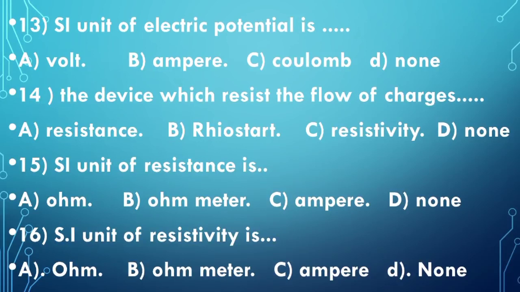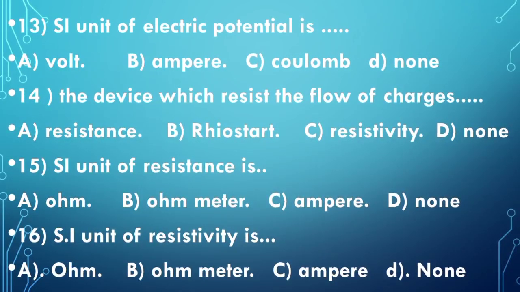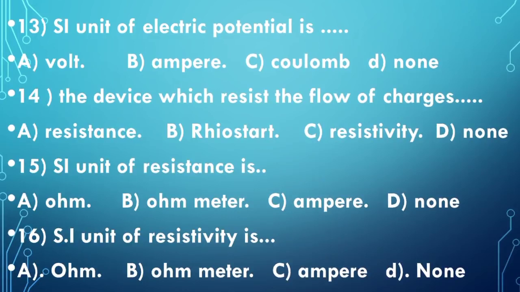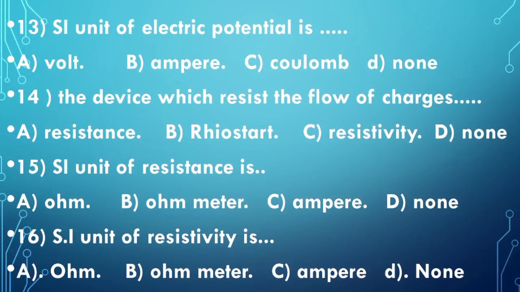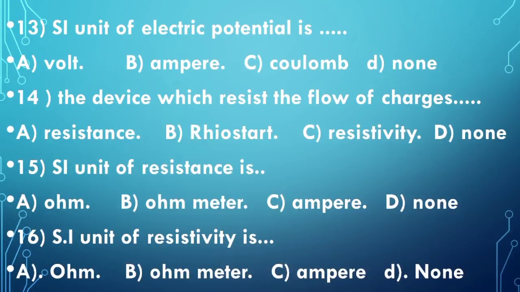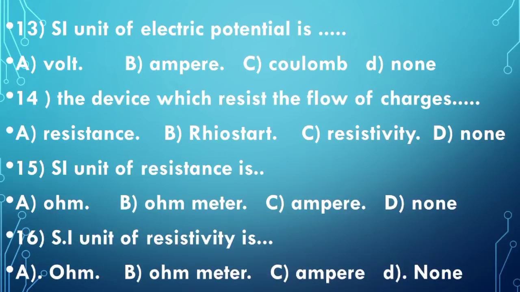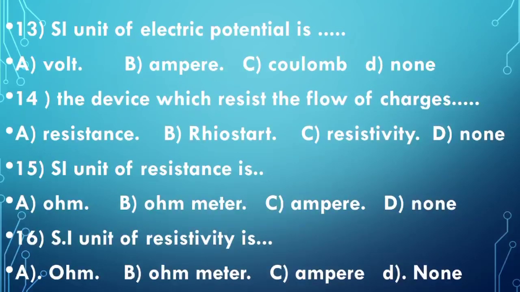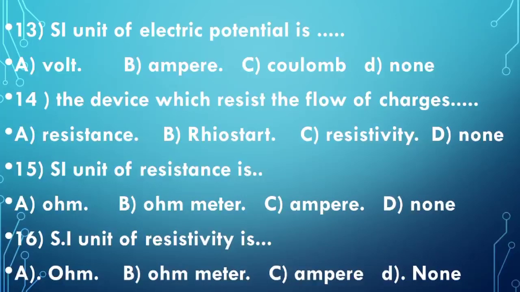So the SI unit of resistance is ohm. Okay, next question. The SI unit of resistivity is, so now I think you got the answer. It cannot be ampere, because ampere is the SI unit of electric current. It cannot be ohm, because it's the SI unit of resistance. So the answer should be ohm meter. Okay.